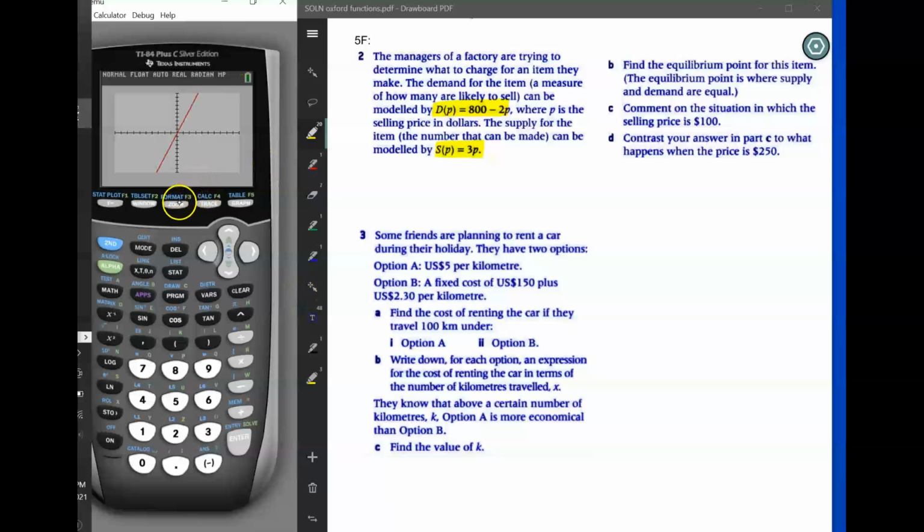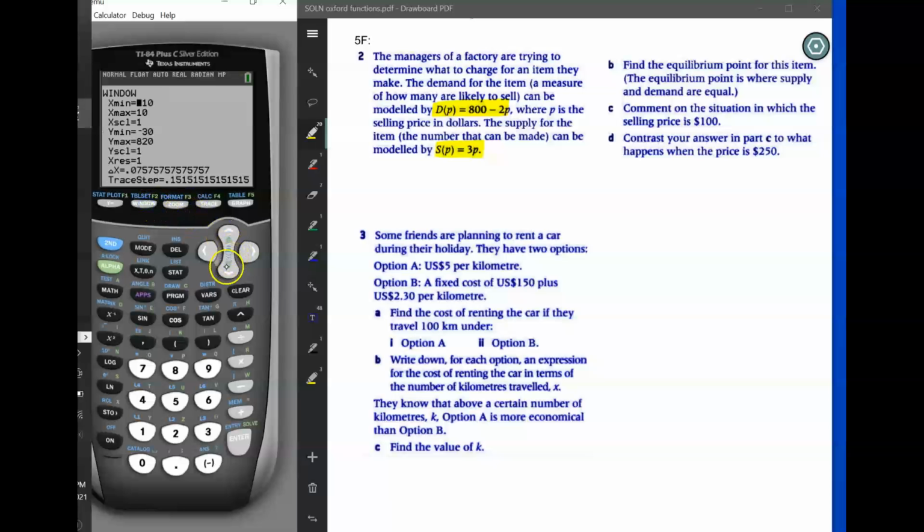First of all, we could do zoom fit, which is 0, right? Option 0. There is D, and here is S, and we're obviously not getting the intersection point. It's going to take a while for them to cross each other. We do need to go further to the right. I don't know how much further to the right. Let's change our window.